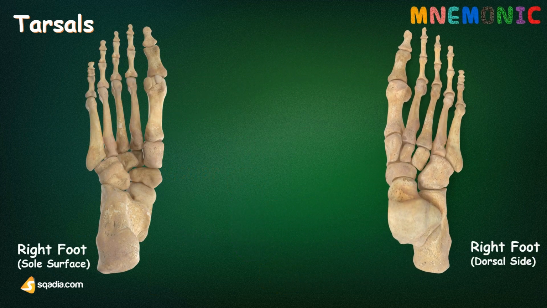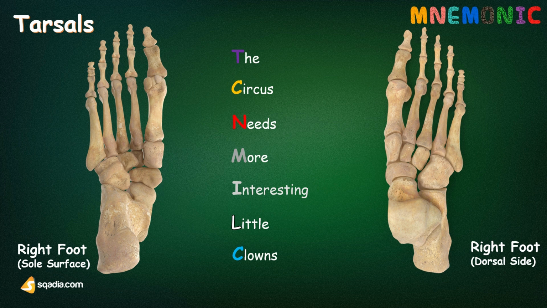You can remember the names of these tarsal bones with the help of this mnemonic. The circus needs more interesting little clowns. The capitalized words are the ones you should focus on. Here, T is for talus.